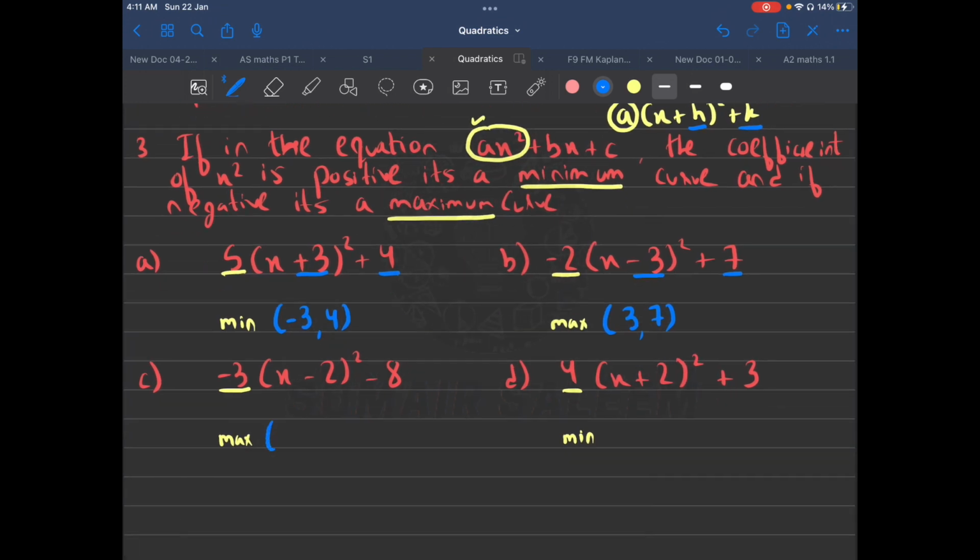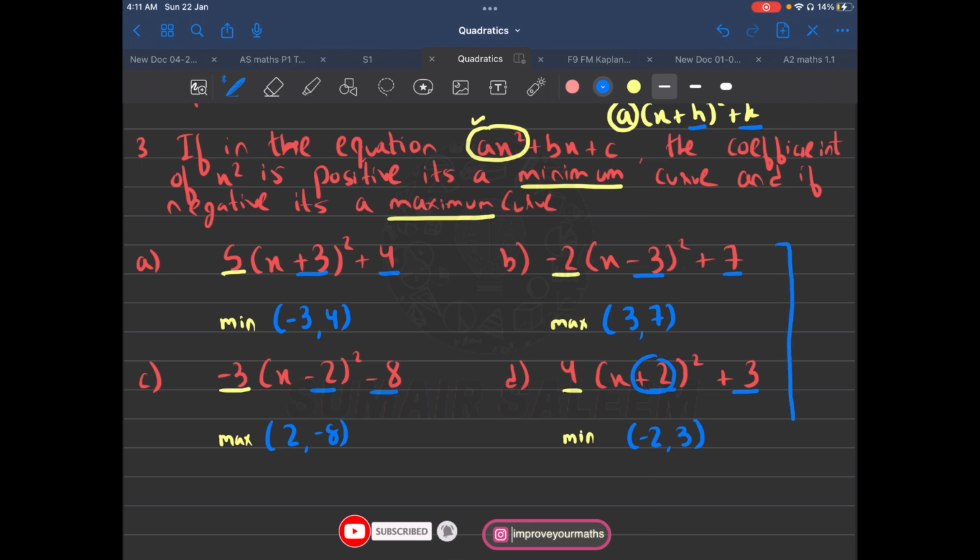Here, it's minus 2. It will become positive 2, but y will stay the same. Got this? Here, the turning point is minus h comma k. So h here is plus 2. It's going to be minus 2 and y will stay the same. So this was the first type of question of turning point.